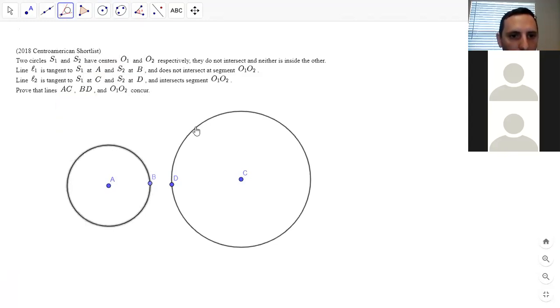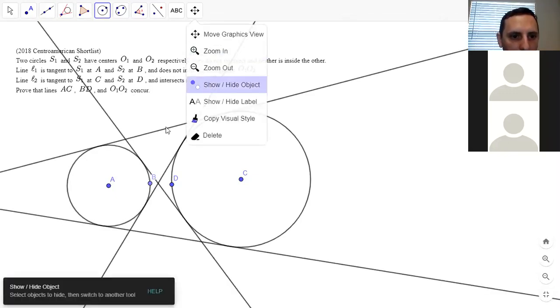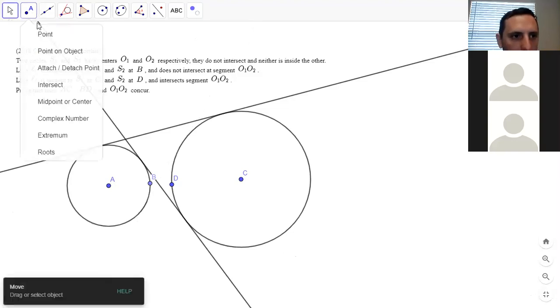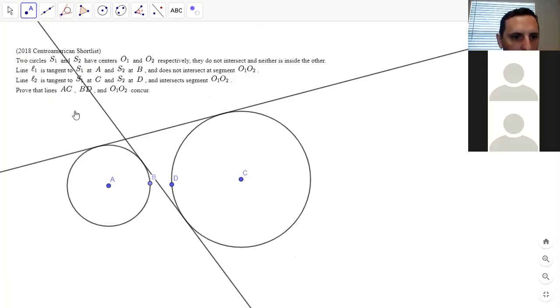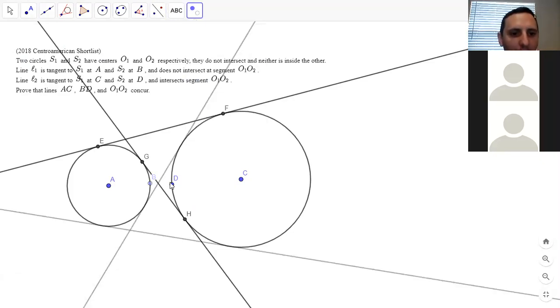I don't know if this is like a well-known property, but it's saying, and I think I might have done this once before, we want to show that EG, FH, and AC are concurrent. Is that obvious?